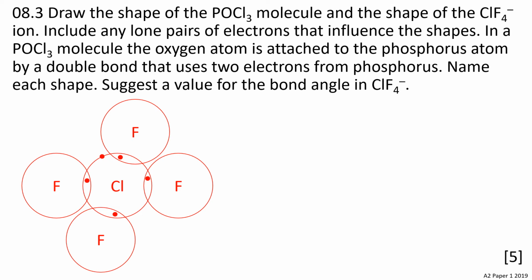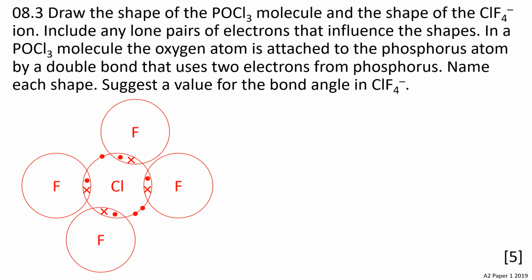So far we've got 5 dots, 6 dots, 7 dots. Now I'm only going to put chlorine to fluorine single bonds to begin with, see if that works. And you can see that some of those electrons are going to be involved in the bond to fluorine. So 4 chlorine to fluorine single bonds, so there are 4 dots between the chlorine and fluorine atoms, and there are 3 electrons which are not involved with bonding.